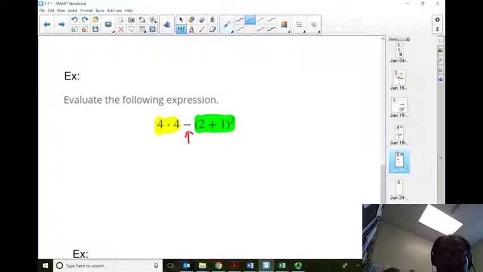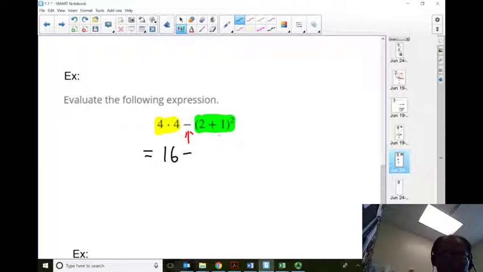Let's take a look at my first term. My first term, in yellow, has only one operation. 4 times 4 is 16. The subtraction sign is still there. My second term has two operations. What's inside the parentheses is addition, and then I have an exponent on the outside.